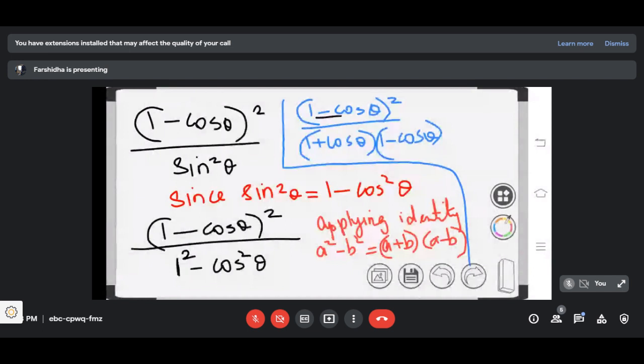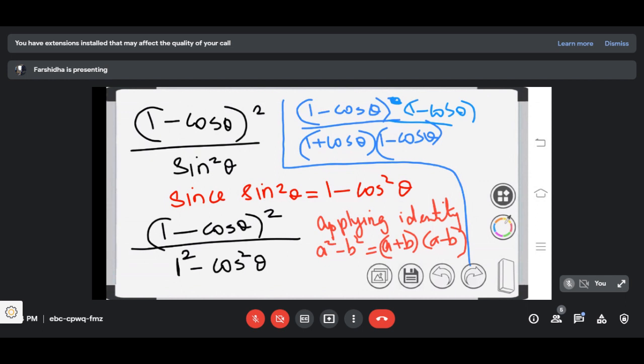Okay, now you see 1 minus cos theta on the numerator side, 1 minus cos theta on the denominator side. So you can cancel this. 1 minus cos theta whole square means what? 1 minus cos theta into 1 minus cos theta again, right?